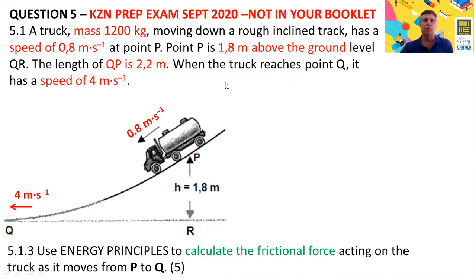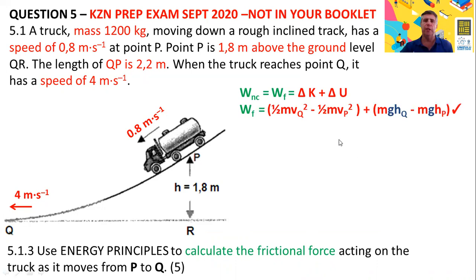So now we need to look for an equation to link what is required with what is given. And the frictional force is a non-conservative force. So the work done by the non-conservative force, which is just the work done by friction on the truck, is the change in kinetic energy plus the change in potential energy.